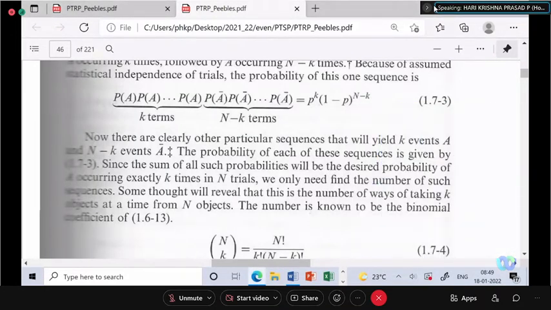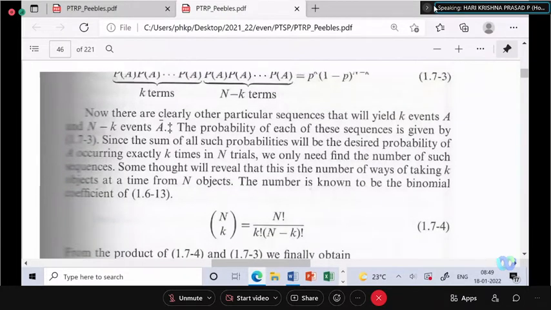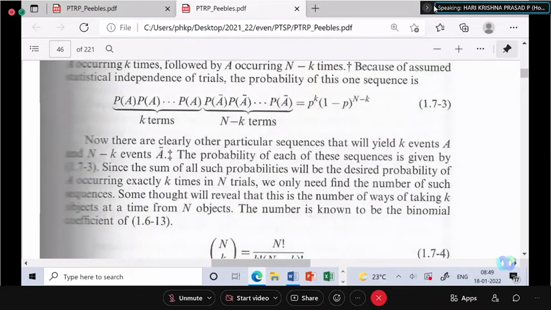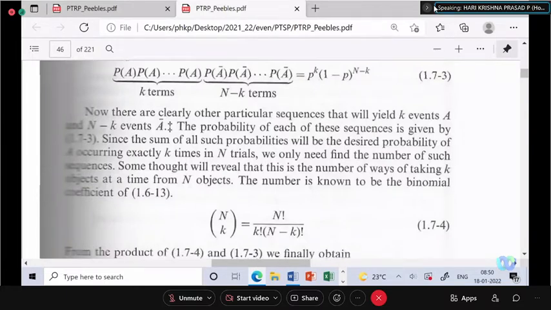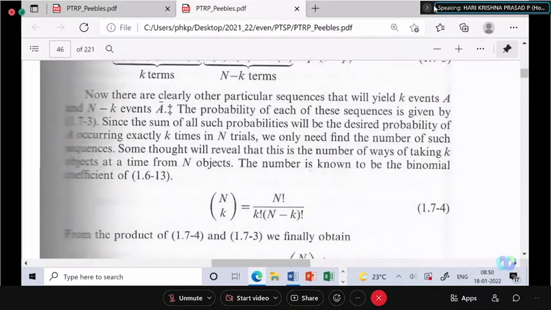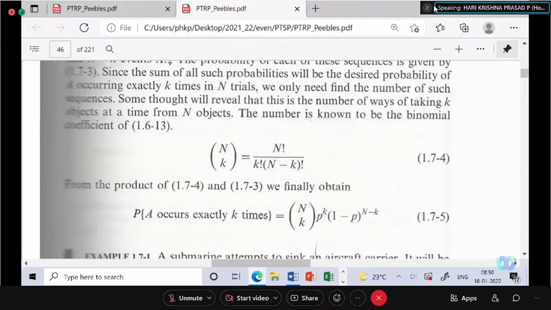So this particular combination is happening nCk times. How do I know? Out of n trials, event A should happen k times. That is nCk. nCk is given by n factorial by k factorial times n minus k factorial.